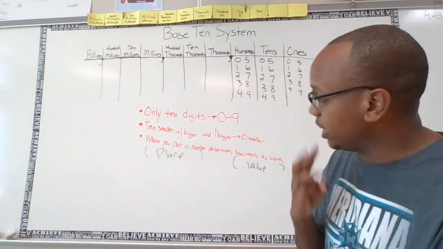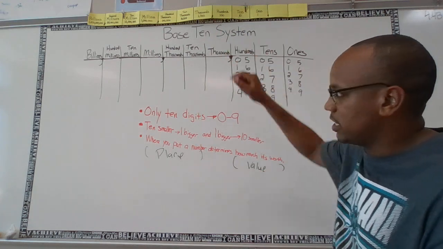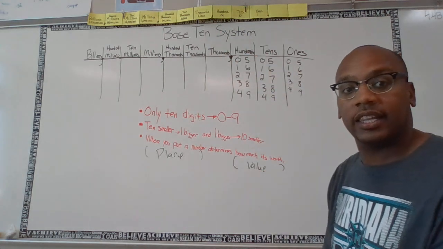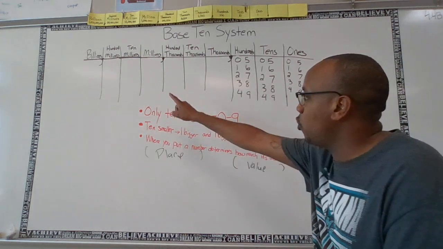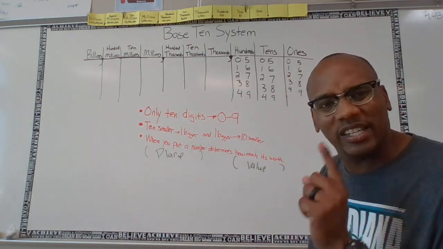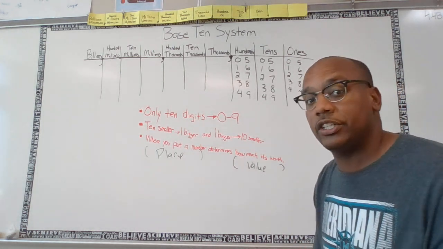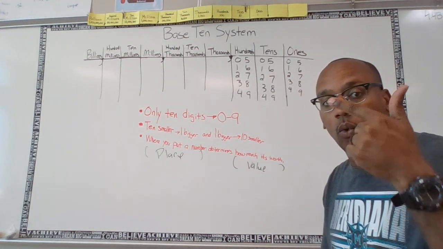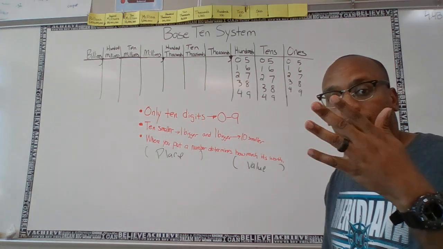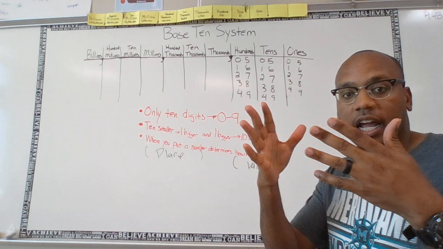There are three important things that you need to understand about the base 10 system. First, this is a system made up of only 10 digits, 0 through 9. Now notice I didn't say only 10 numbers. Only 10 digits. The digits are 0, 1, 2, 3, 4, 5, 6, 7, 8, 9.